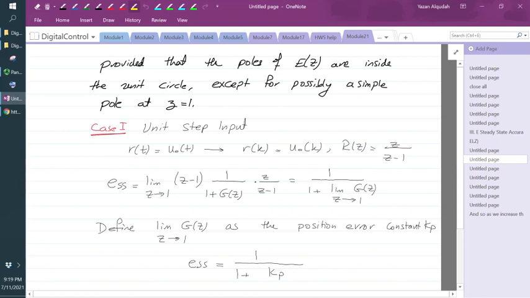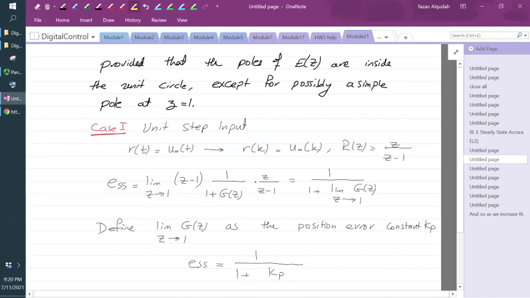If I have a unit step input to the system, then r of t is equal to a unit step. r of k is also the discrete unit step. R of z is going to equal z over z minus 1. And therefore, if I look at the steady state error, according to the expression, it is going to equal the limit as z goes to 1 of z minus 1 times 1 over 1 plus g of z multiplied by z over z minus 1.